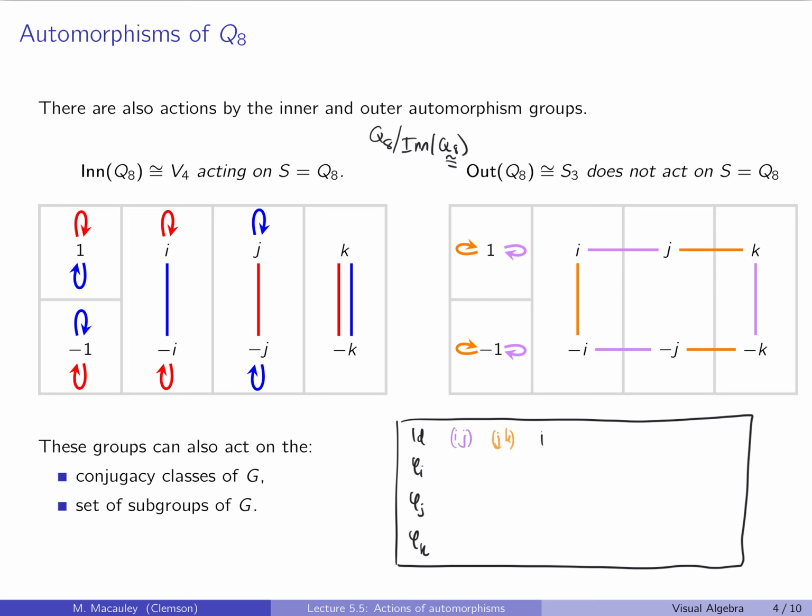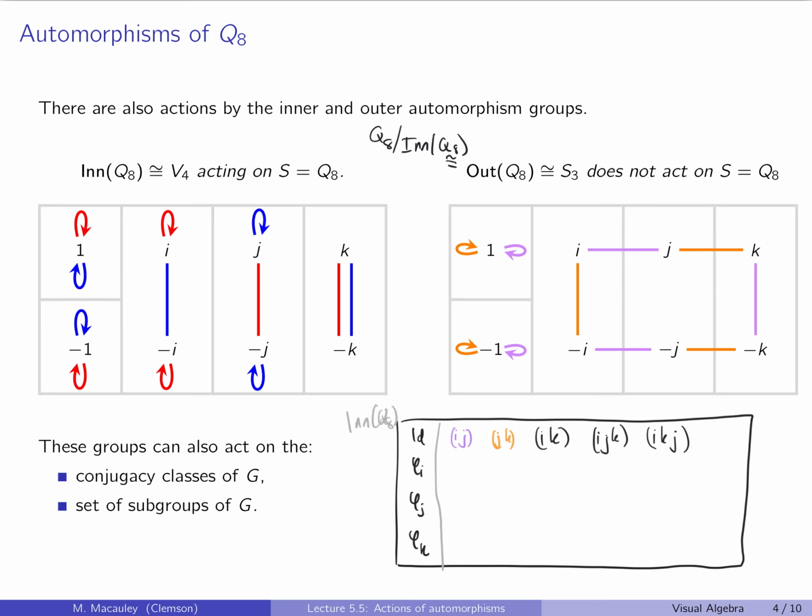So there's ik, and then there's ijk, and then there's ikj. Well, I have a little bit of extra room here on the end, but that's okay. So this is the inner automorphism group here, as we saw before.